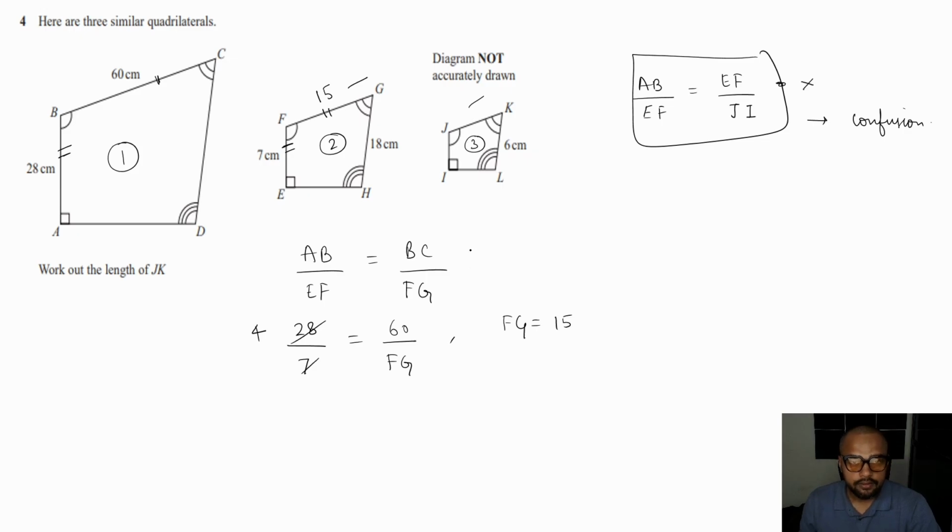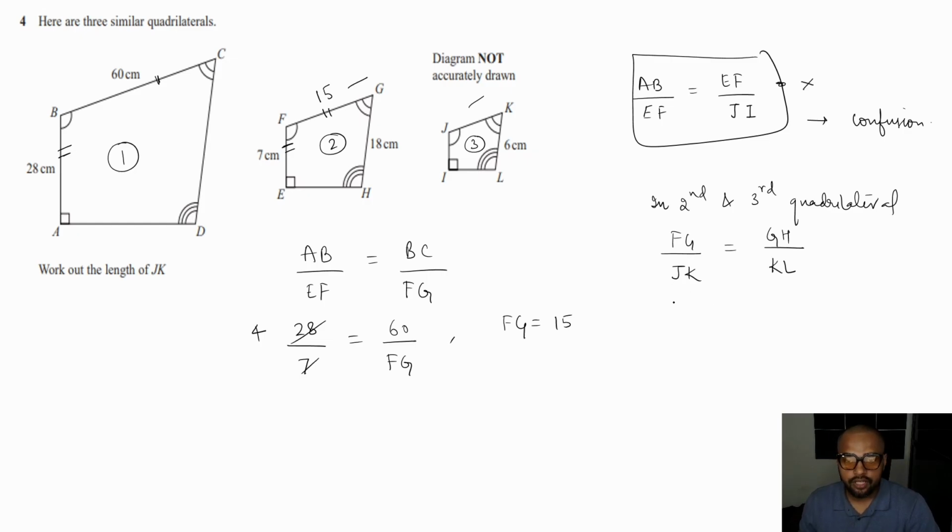In the second and third quadrilateral, students, we can say FG upon JK will be equal to GH upon KL.